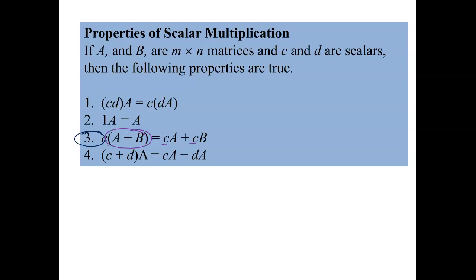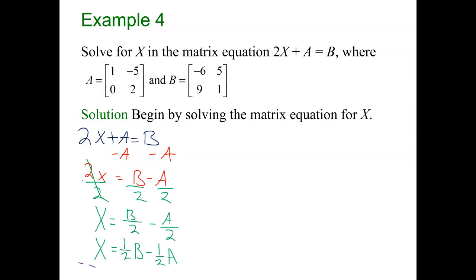Since we're multiplying by a fraction, it's going to be easier to add before we multiply. Otherwise, you have to find common denominators when you're adding, and it's just a giant pain. Factor it out first. And, oops, b minus a. Factor it out first. Now we can substitute in our matrices, do the subtraction, then do the scalar, and then we're done.